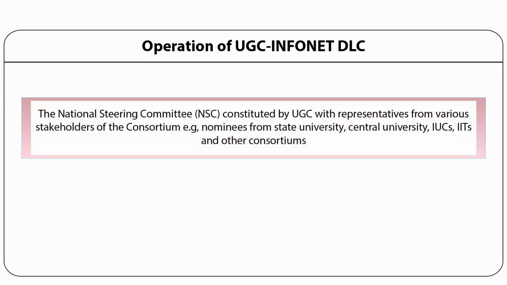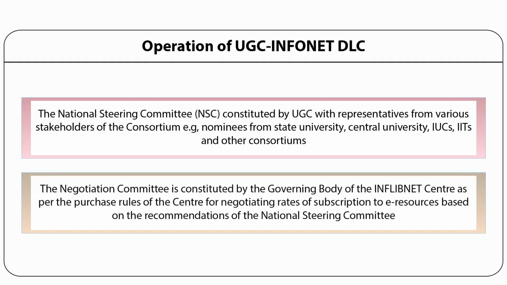The National Steering Committee is constituted by the UGC with representatives from various stakeholders for the consortium, like the nominees from state universities, central universities, IUCs, IITs, and other consortiums. The negotiation committee is constituted by the governing board of the INFONET as per the purchase rules of the center for negotiating rates of subscription to e-resources based on the recommendation of the National Steering Committee.